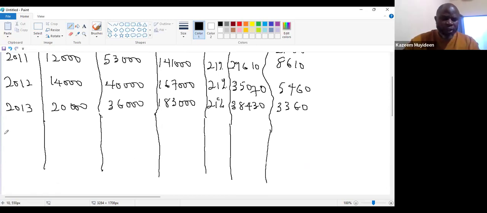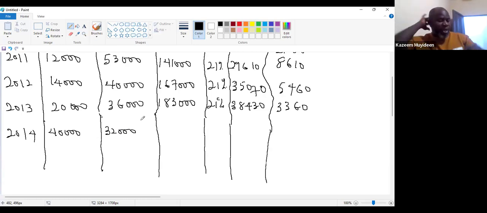In 2014, depreciation is 40,000. Capital allowance is 32,000. Now we're in another dynamics. Depreciation is now more than capital allowance.